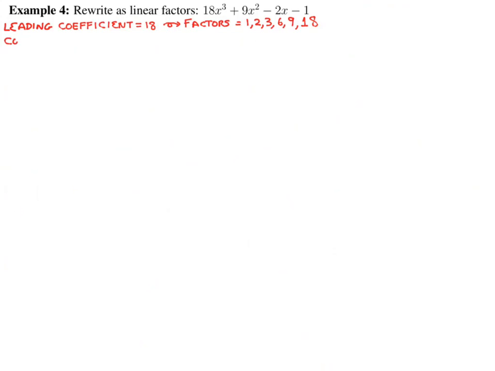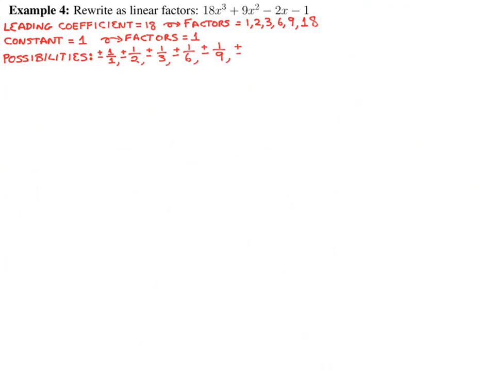Okay, now here, because I'm not quite as evil, well, I am, but I'm trying not to be, the constant was just 1, so the factors are 1. Okay, so the possibilities are 1 over 1, 1 over 2, 1 over 3, 1 over 6, 1 over 9, 1 over 18.